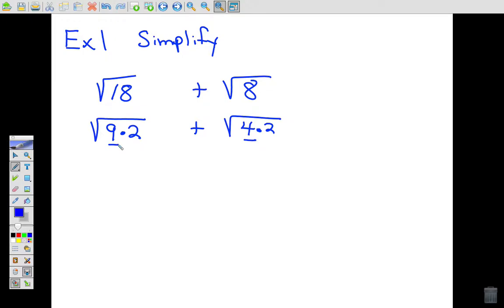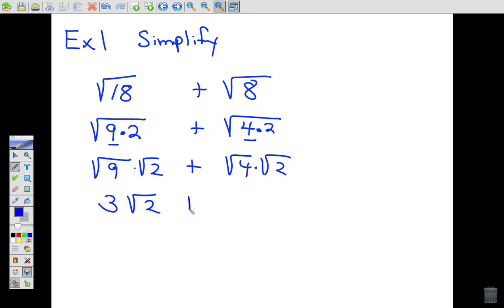So on each one of these, I have a perfect square. Now I'm going to simplify these. This means the same thing as the square root of 9 times the square root of 2 plus the square root of 4 times the square root of 2. The square root of 9 is 3, so I have 3 radical 2 plus, let's see, the square root of 4 is 2, and then times the radical 2.